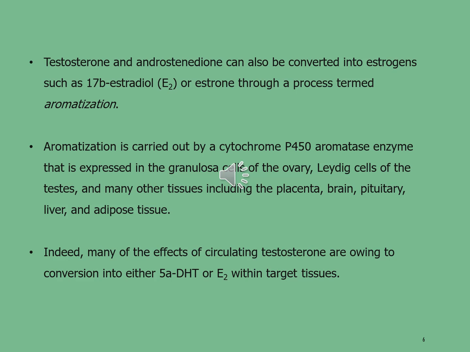Aromatization is carried out by a cytochrome P450 aromatase enzyme that is expressed in the granulosa cells of the ovary, Leydig cells of the testes, and many other tissues, including the placenta, brain, pituitary glands, liver, and adipose tissues. Indeed, many of the effects of circulating testosterone are owing to conversion into either 5-alpha dihydrotestosterone or E2 within the target tissues.